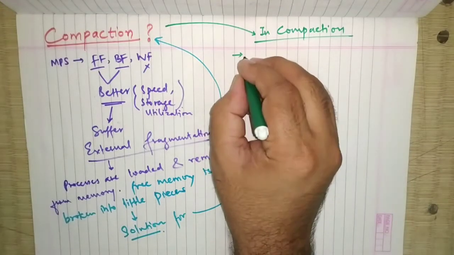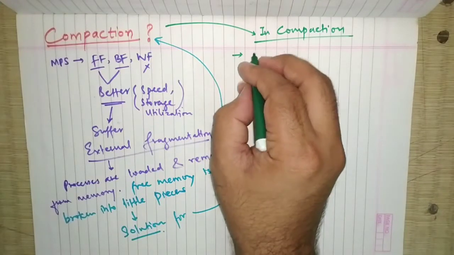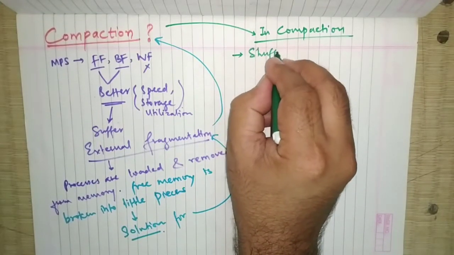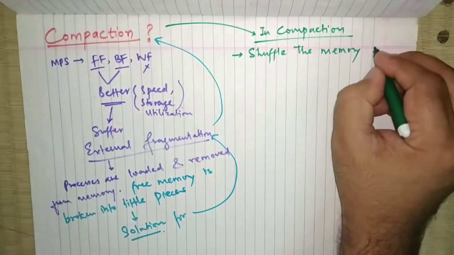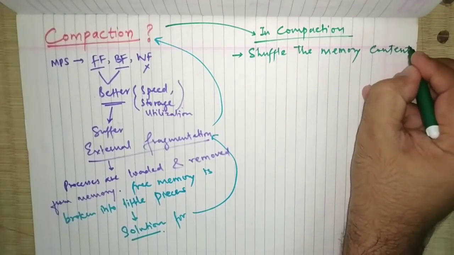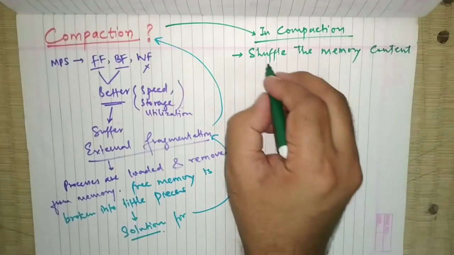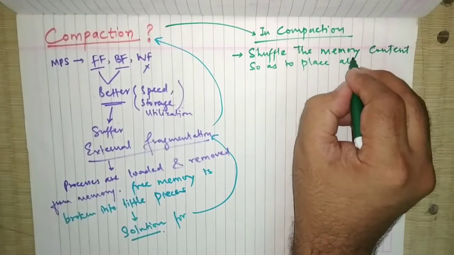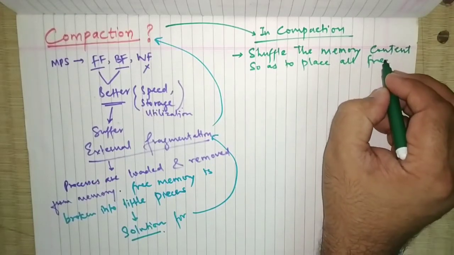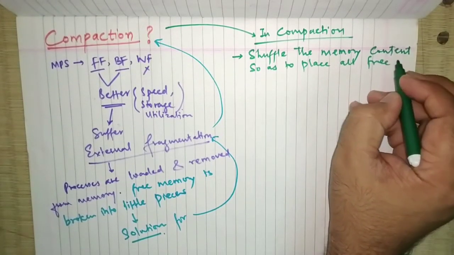The goal is to shuffle the memory contents so as to place all free memory together in one large block.